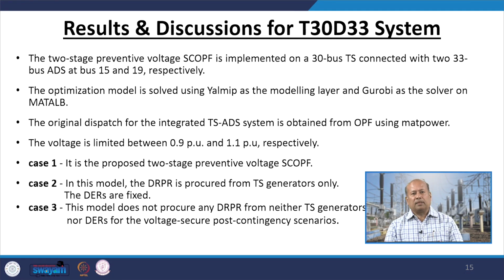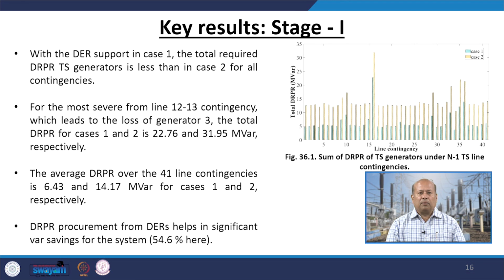for the voltage secure post-contingency scenarios. So, if you see the results for stage 1 with the DR support in case 1, the total required DRPR of the TS generator is less than in case 2 for all contingencies. For the most severe contingency, line 12-13, which leads to the loss of generator 3, the total DRPR for cases 1 and 2 is 22.76 and 31.95 MVAR respectively.